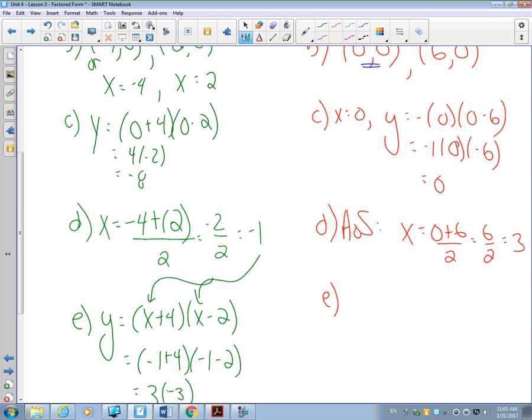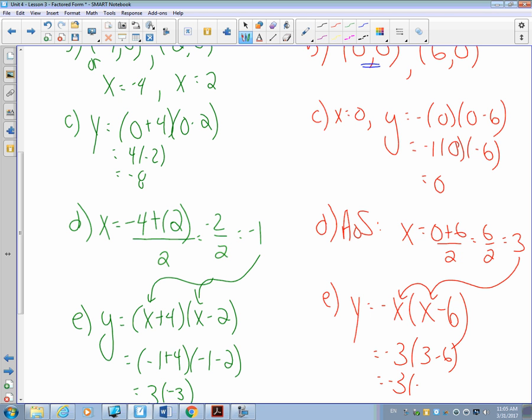And then part E, find the vertex. I can do that by using my equation. Oops, sorry, it's -6, right? My equation is this, but I know that x is 3 at the vertex. So I can plug in the 2 spots and get -3 times 3 minus 6.